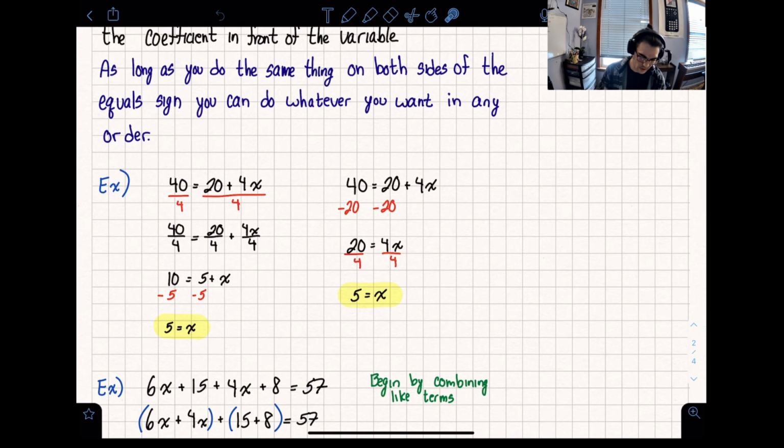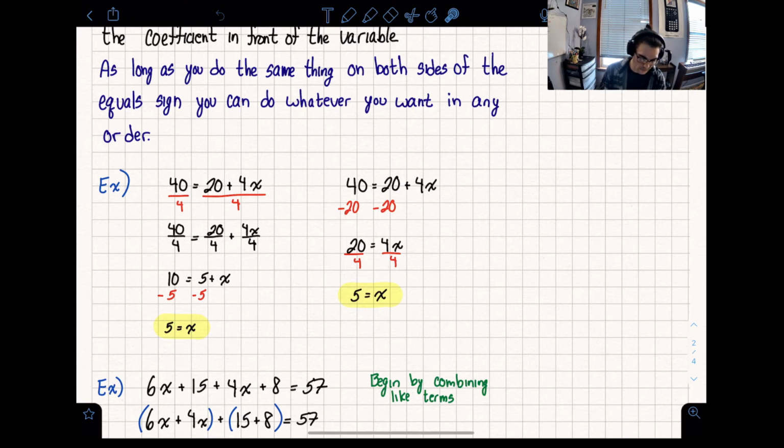So here I have the same example written out twice, and we're going to discuss both ways to isolate x. In the first method, I begin by dividing both sides of the equation by 4. The reason I pick the number 4 is because the coefficient in front of our variable is a 4. That's where this 4 came from, from the coefficient in front of our x.